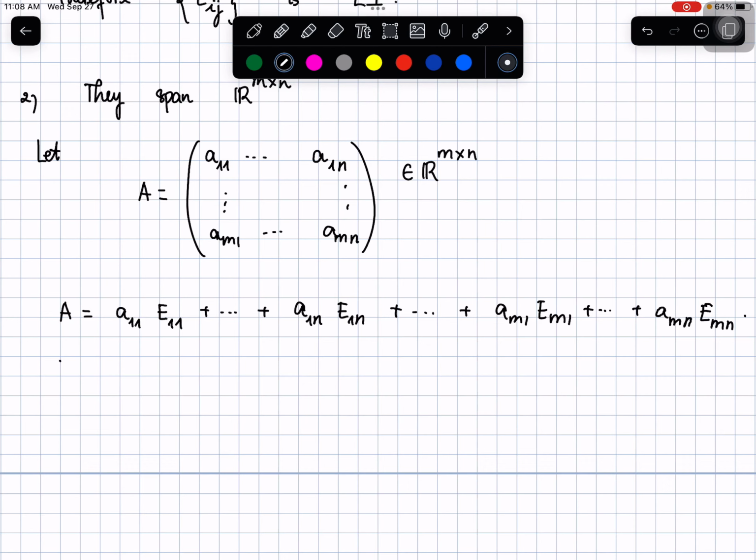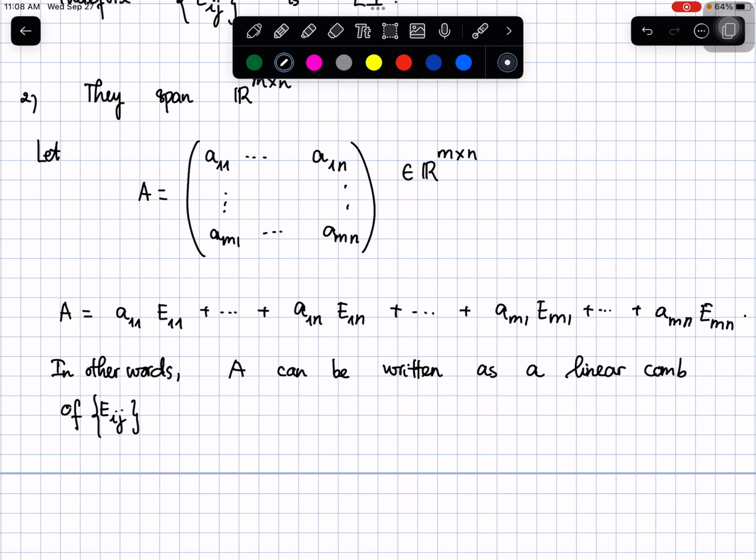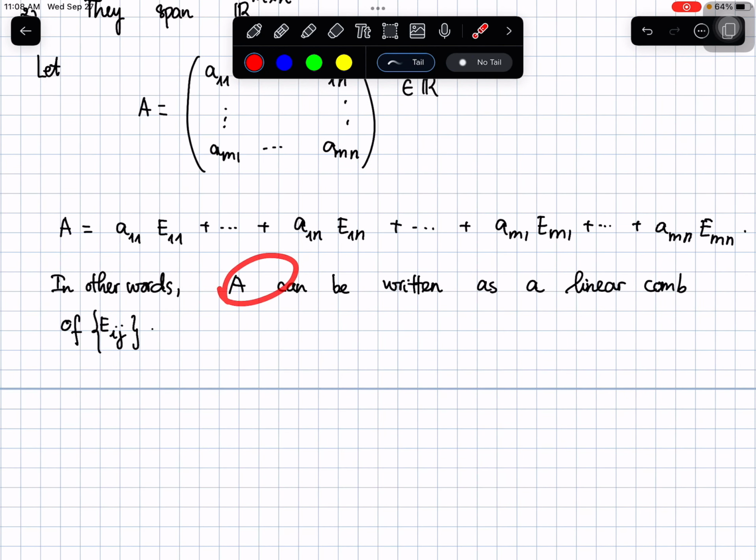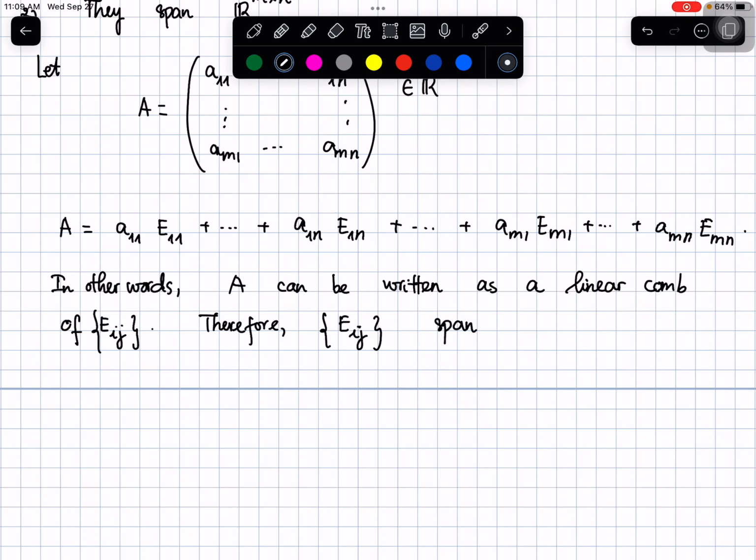In other words, A can be written as a linear combination of the Eij, and this is an arbitrary A. So this proves that they span R^(m by n).